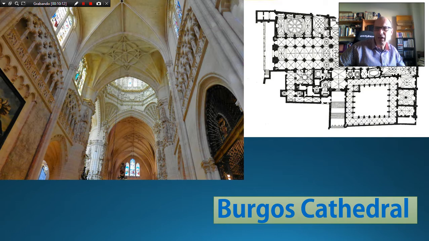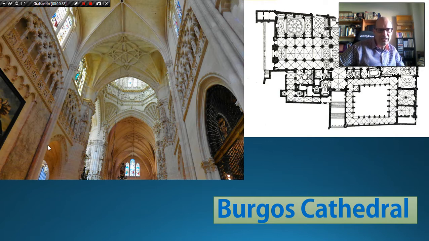So you can see we have another sort of vaults, more star vaults, from the 15th century. But we need to focus on the Gothic vaults right now. There we have the ambulatory close to the main altar, and different chapels, the majority of them from the 15th century. But the main idea of the cathedral is this one.